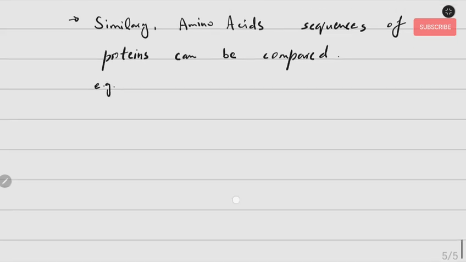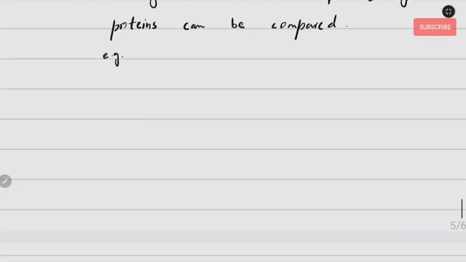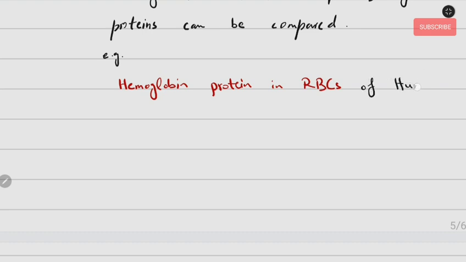For example, in case of humans, the blood has red blood cells, right? And in the red blood cell, there's a protein called hemoglobin. Hemoglobin protein in red blood cells of human has 574 amino acids in total, with 4 chains in the hemoglobin protein.